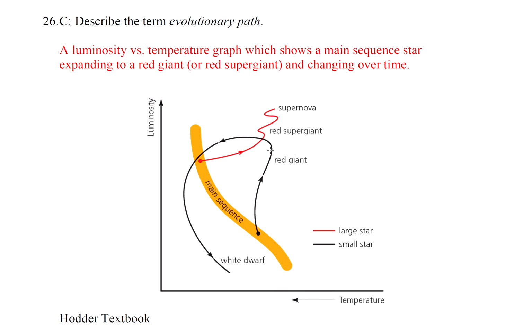Then it decreases its temperature. Then the luminosity stays kind of constant. The temperature increases. Then the luminosity decreases as the temperature increases, and the star becomes a white dwarf. Now take a look at this large star, because on the bottom right it says small star or large star. The large star decreases its temperature, increases its luminosity.